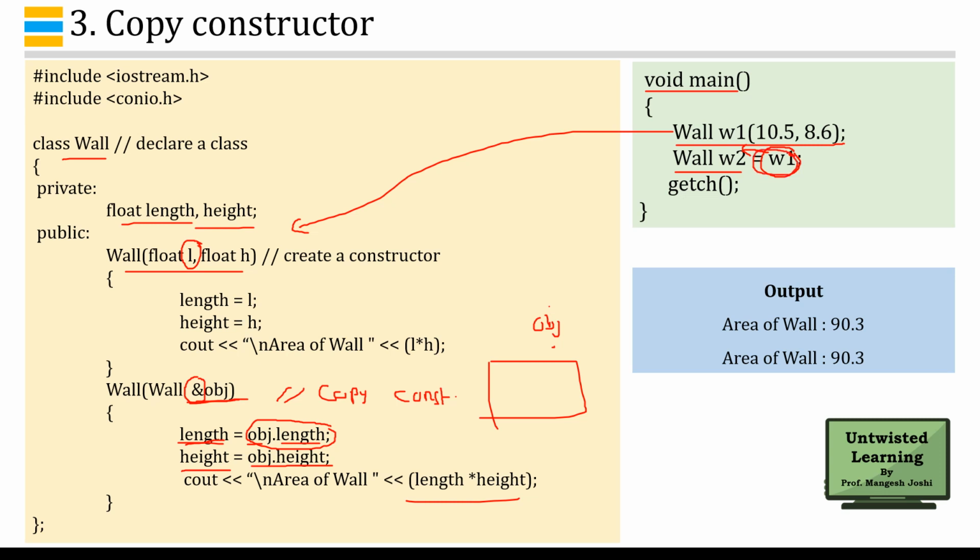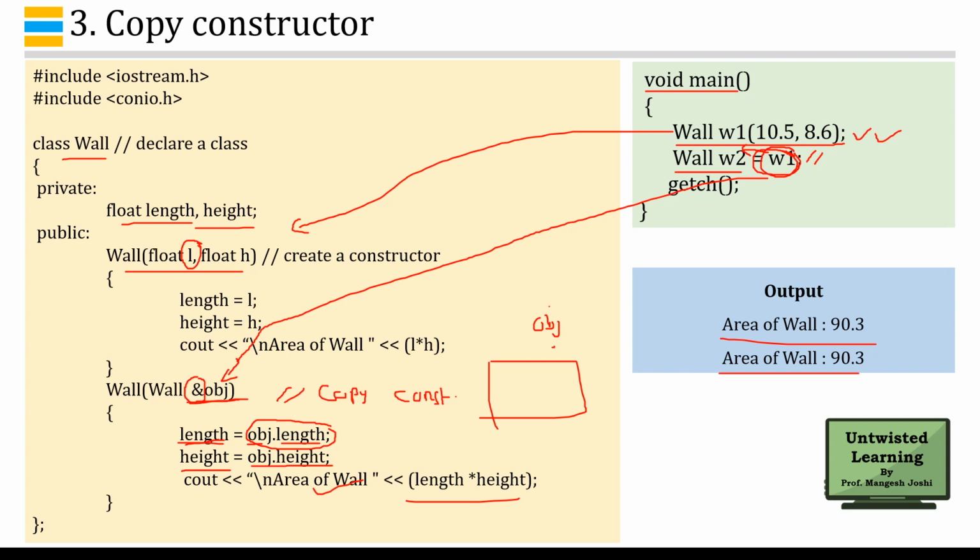The address of this object will be sent over here, and this constructor will be called. Whenever this command gets executed, your copy constructor will be called automatically. In the output, you will get the area of the wall 90.3, which was from the parameterized constructor. Then the second area of the wall is 90.3, which is from the copy constructor. So whenever you want to copy one object into a number of objects, you can use this type of constructor.